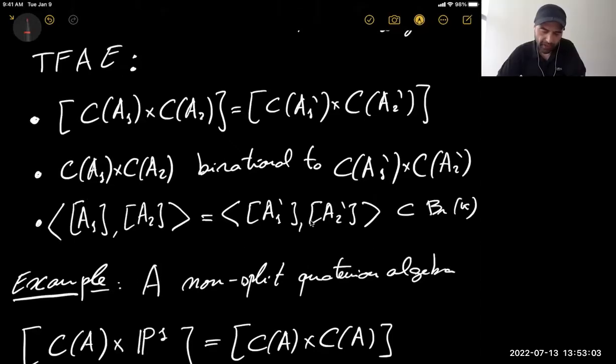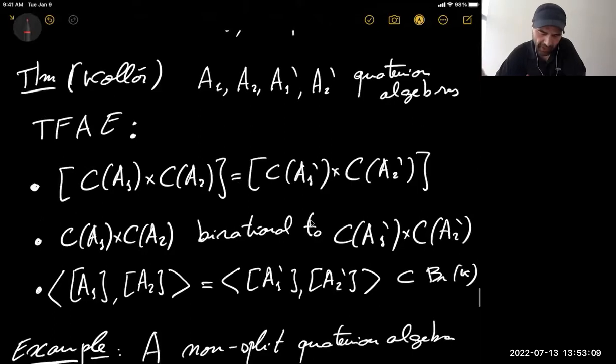I mean, if I understand correctly, it tells you that they are exactly birational to each other. I think then you can play around with all possible examples. I'm not sure I completely understood. All these conditions are equivalent.